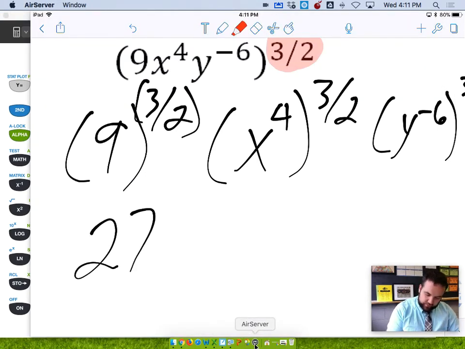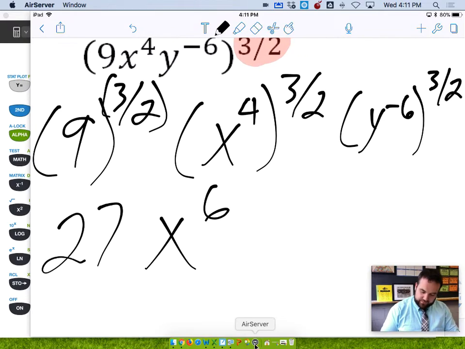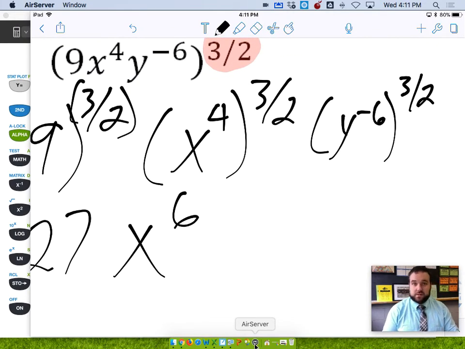We know if an exponent is being raised to another power, I'm going to multiply those together. So 4 times 3/2 is going to give me x to the 6th. And then if I do the same thing, negative 6 times 3/2, again just typing in the calculator, that'll give me y to the negative 9th.